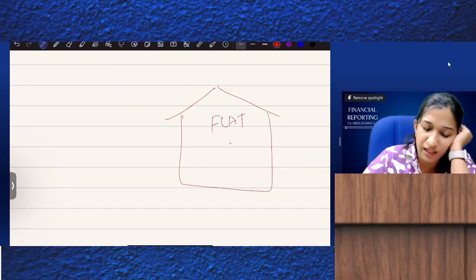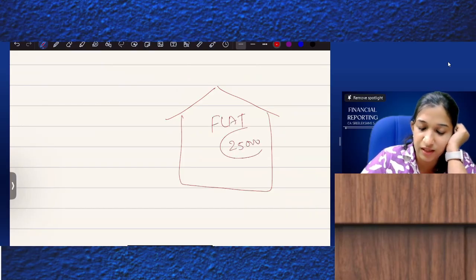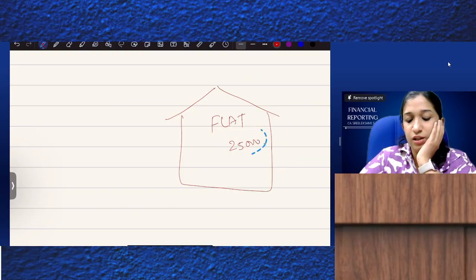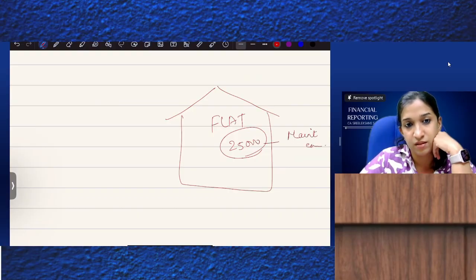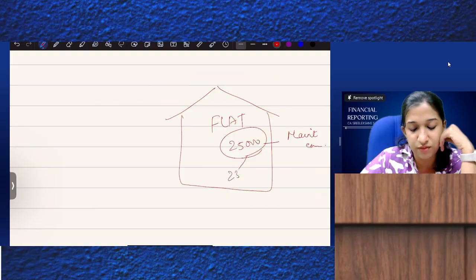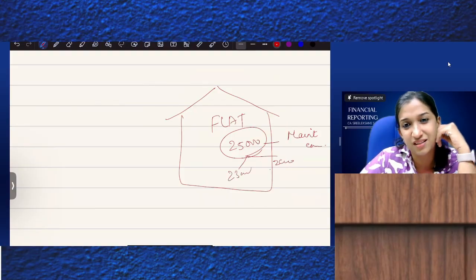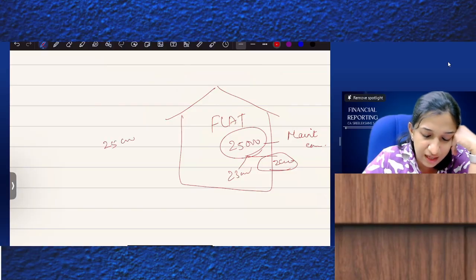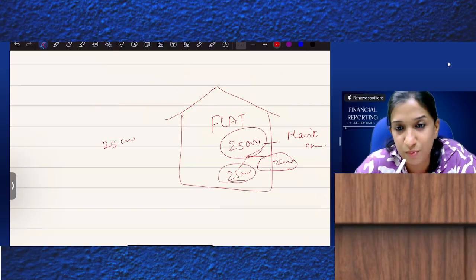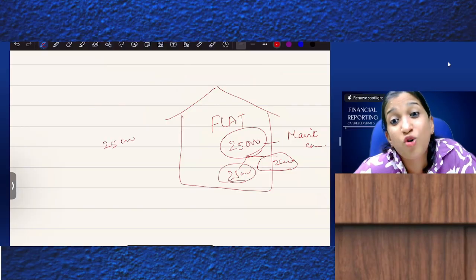So I'm paying 25,000 rupees lease rentals. This includes maintenance: 23,000 towards the flat and 2,000 towards maintenance. So can I take 25,000 as lease liability or 23,000 as lease liability? It is optional.